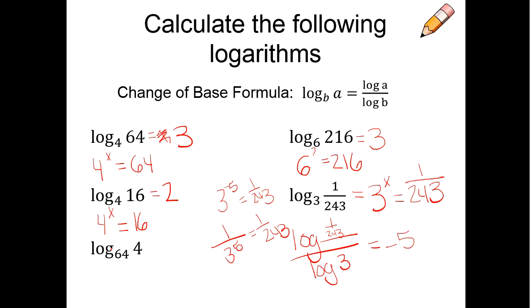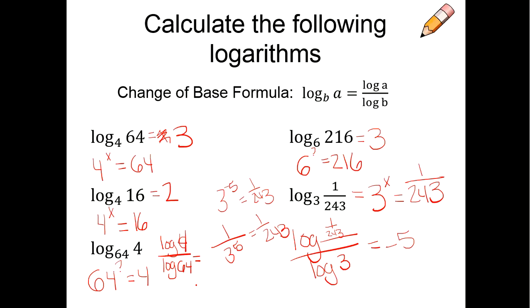So then I got log base 64 of 4. So I know 64 to some power has to give me 4. I don't know that one either. Can't think that off the top of my head. So I'm going to get log of 4 divided by log of 64.